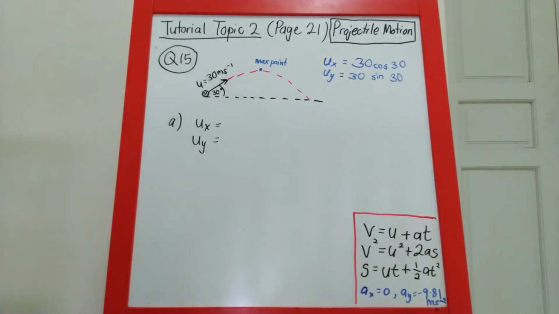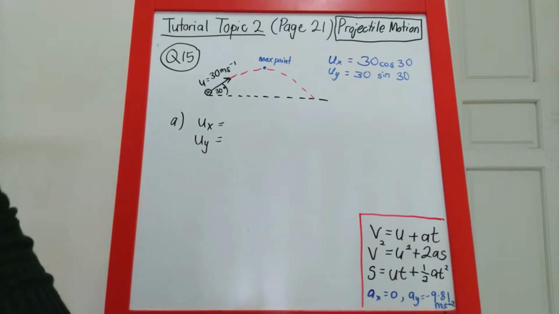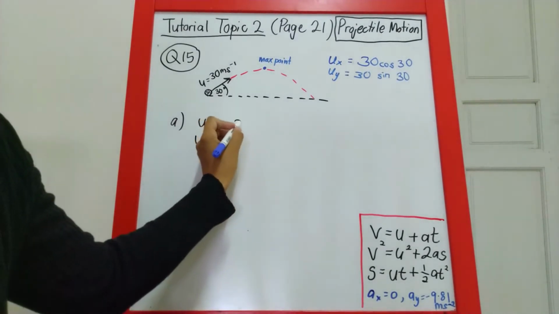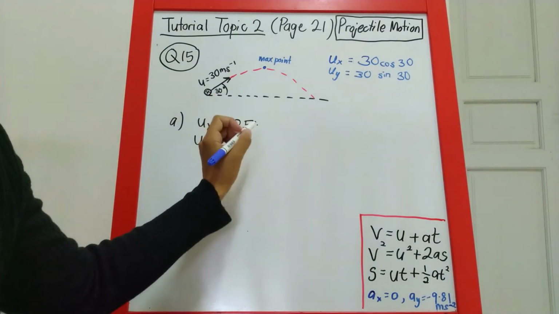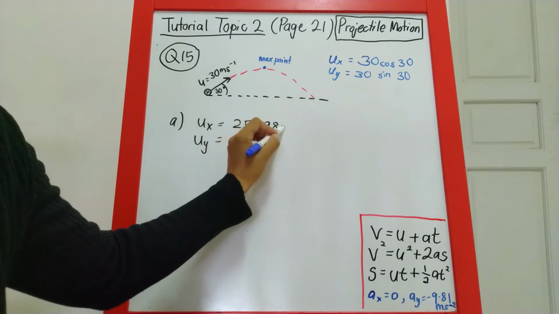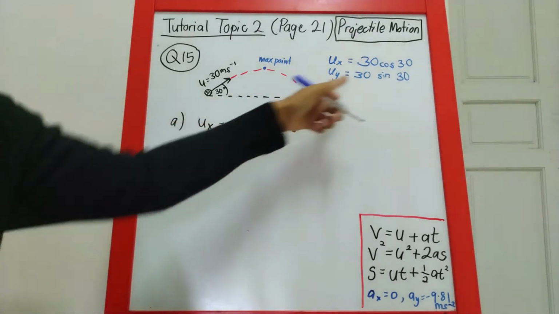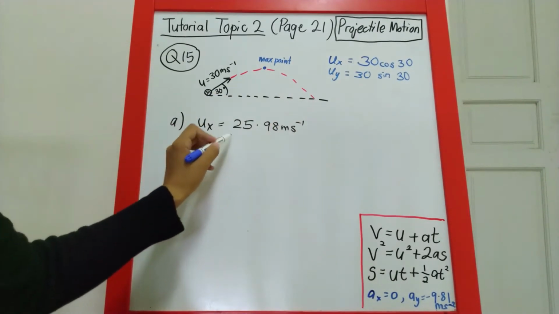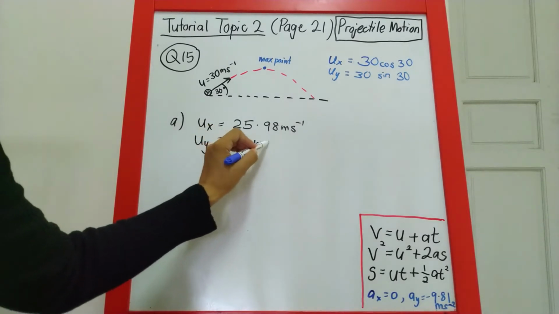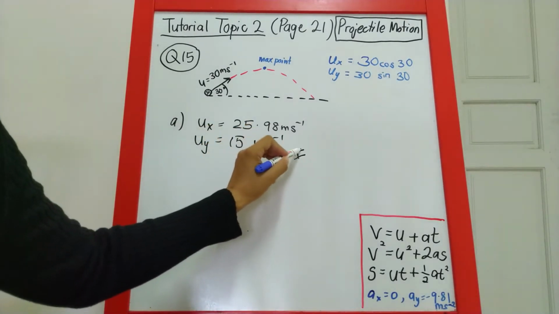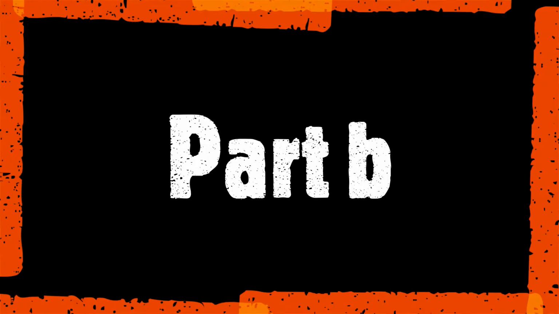You will get ux equals 25.98 meters per second, and uy, 30 sin 30, you get 15 meters per second. Okay, so that's for part A.